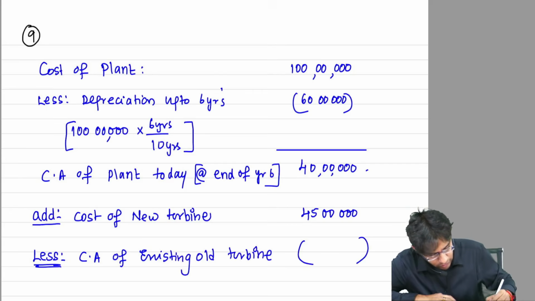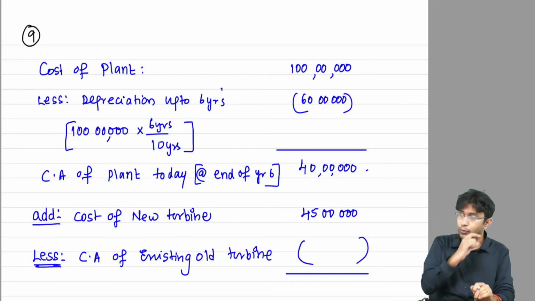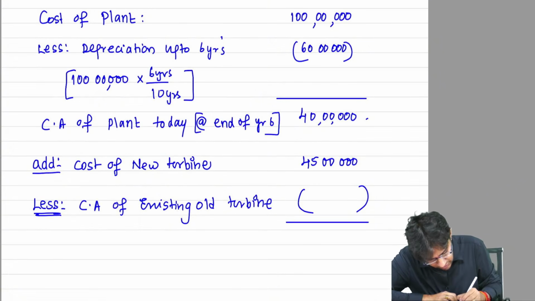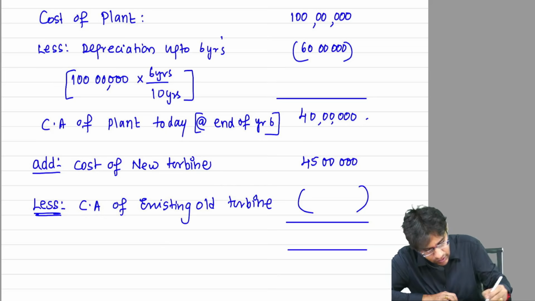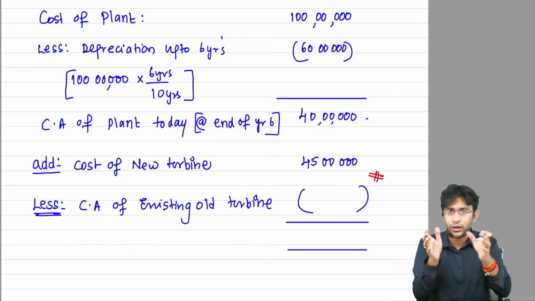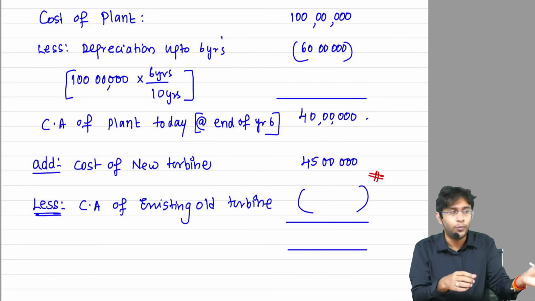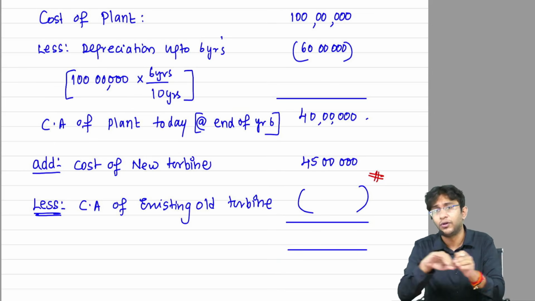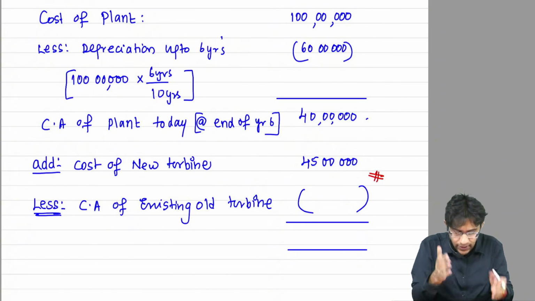If you sort out this number, how much I have to remove, that's how the sum is over. So this is the remaining carrying amount of the asset. Your job in this sum is only to work this out, but at least up to here you should not have doubts, sir. You bought an asset, you removed some depreciation, you purchased a new component, you capitalized it, and whatever is the carrying amount of the old component, you have to remove it. So the process up to here should be fine.